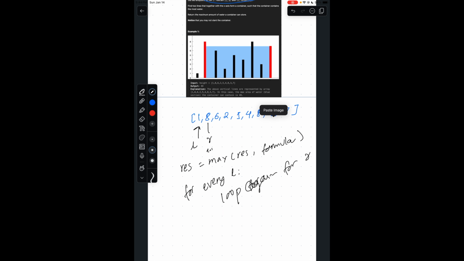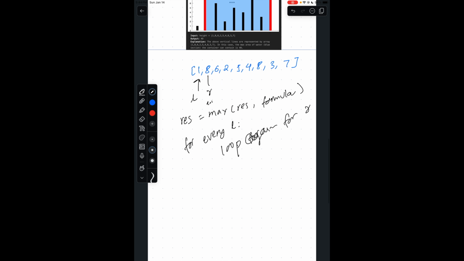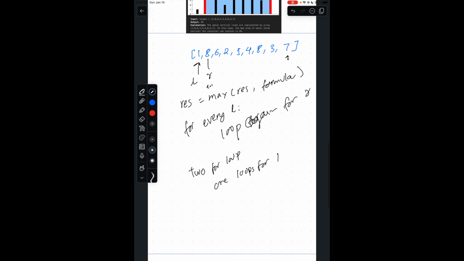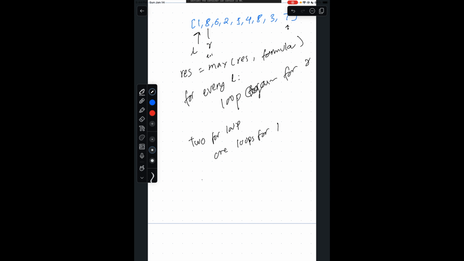So there will be two for loops: one loops for left, which will change every time the right goes to the end condition, and another for loop which will increase the right.